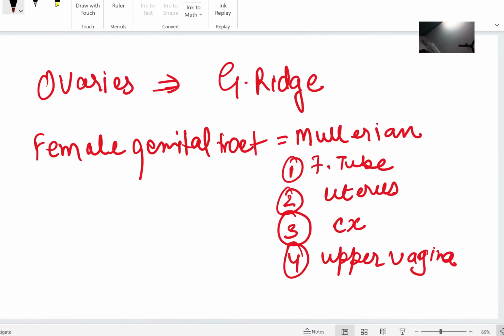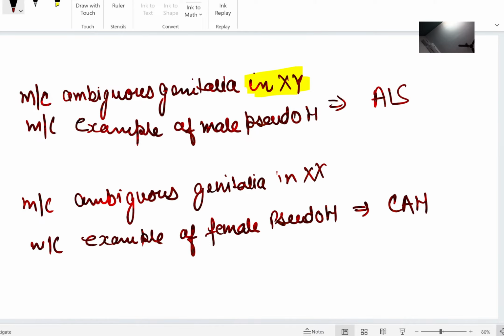So now you tell me, what is the most common cause of ambiguous genitalia in males?